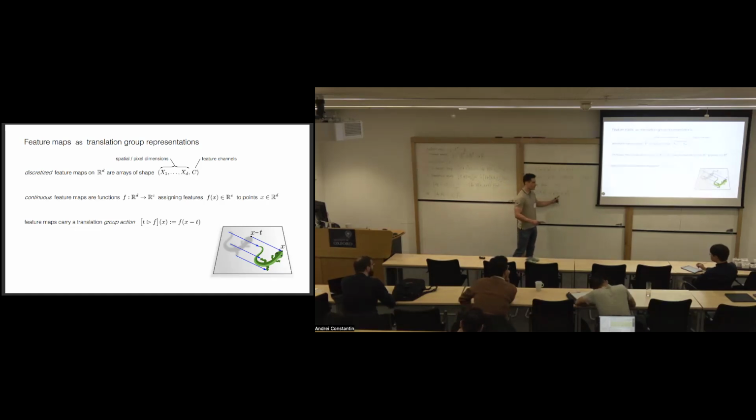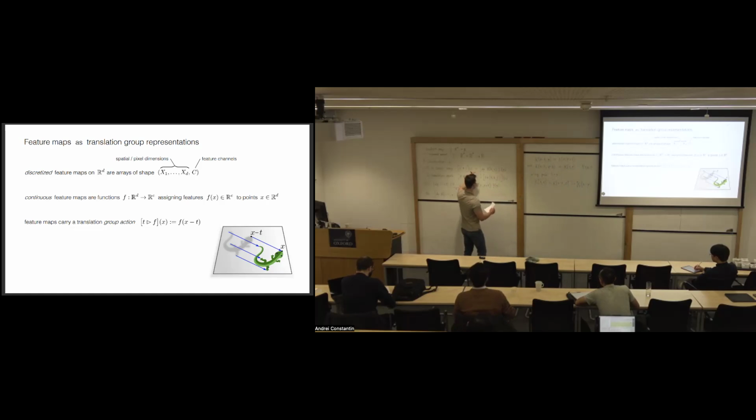This thing only depends on the first argument, and then we can write that as some one-argument kernel, kappa, which only depends on X minus Y. So that implies, plugging this into our original linear map, that K convolved with F at X is an integral where we have this one-argument kernel kappa of X minus Y times F of Y. And this is what you usually know as a convolution.